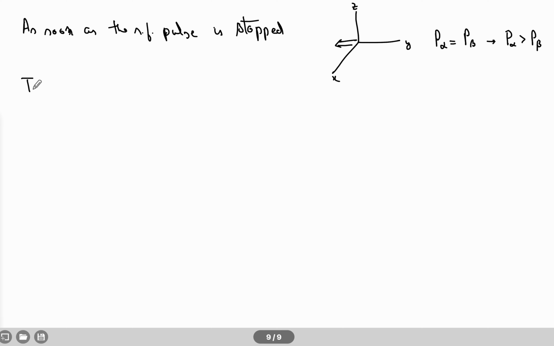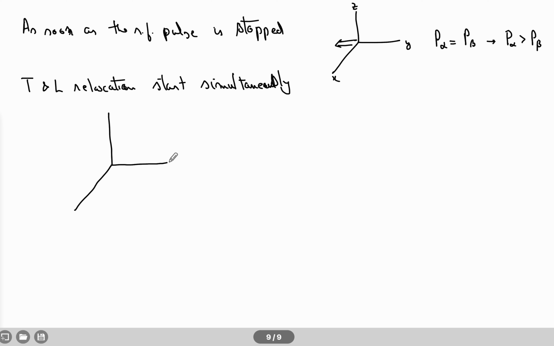So transverse and longitudinal relaxation start simultaneously. The time scales are different, but they do start together. Okay, so now if we want to look at it, what happens if both of them are happening simultaneously? This is my original vector to start with when the RF pulse is stopped.